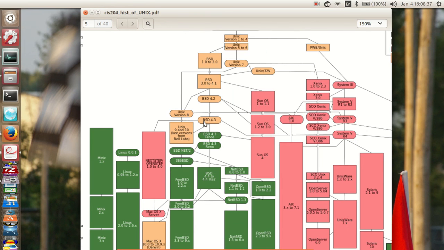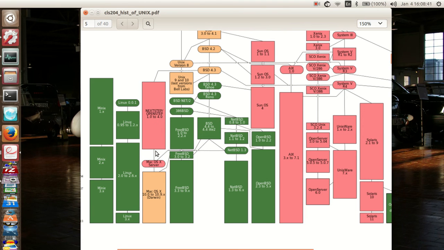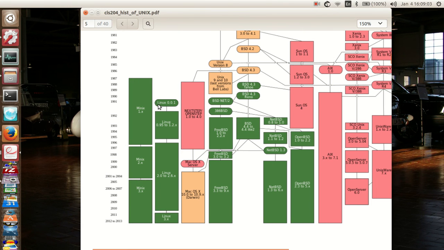Now, on the other side of this, you'll see BSD gave rise to NeXTSTEP, OpenStep, and right over here, BSD 4.4, there's Mac OS X. Interesting. Well, if you look behind the covers of the Mac OS, it is basically a Unix variety. And then here we've got Linux 0.0.1, and that is in the '91 time frame.